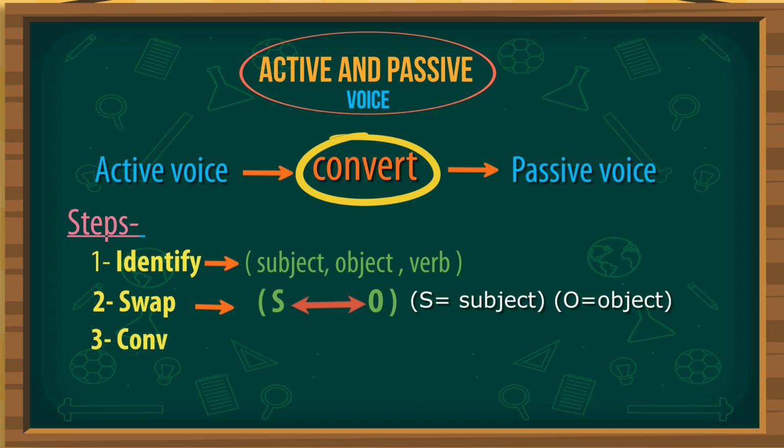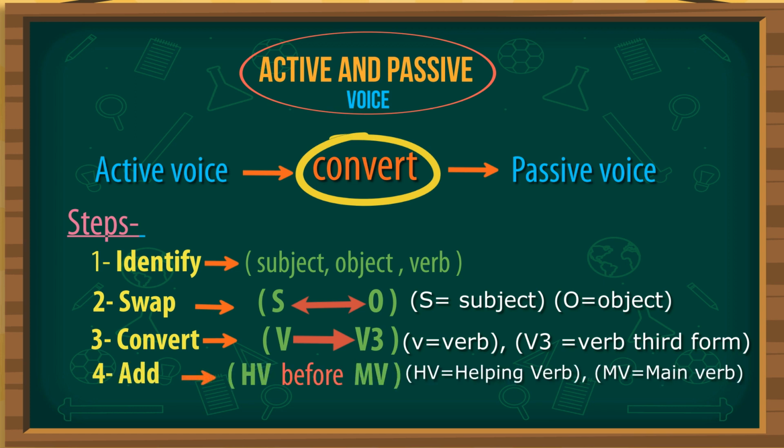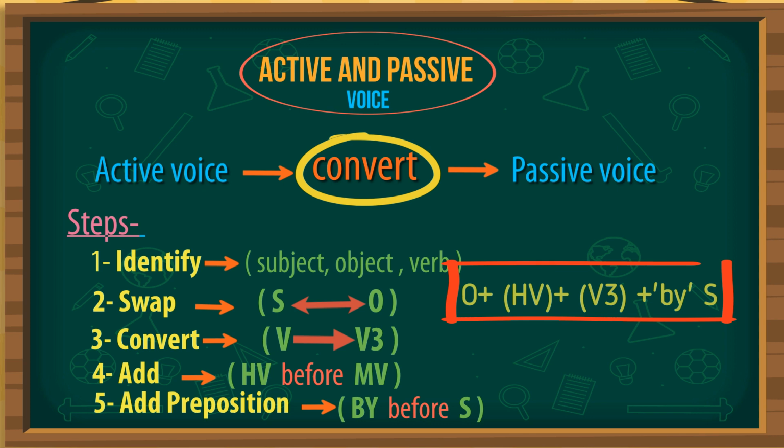Third, convert the main verb into the third form of the verb. Fourth, add the proper helping verb to be before the main verb. Fifth, add the preposition by before the subject. So, at the end, the sentence structure of passive voice is object plus helping verb plus verb's third form plus by and then subject. These are the simple 5 steps that we need to follow.